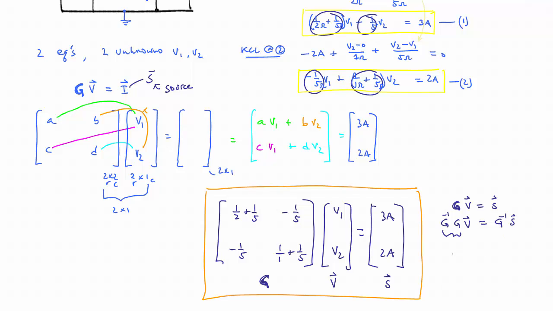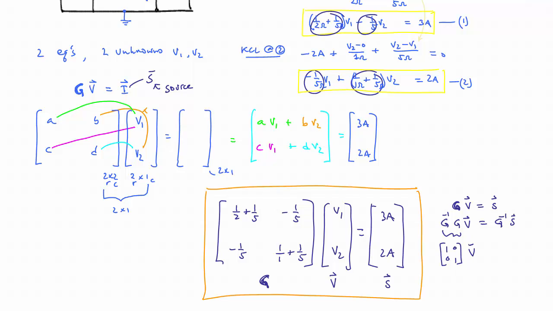And G inverse times G gives you the identity matrix, which in this case is a 2 by 2, so it just has 1s on the diagonals and 0s everywhere else. It's basically the analog to the scalar 1 for scalar math.